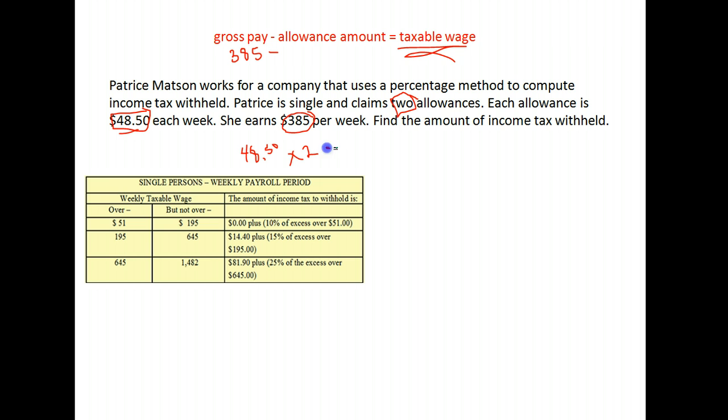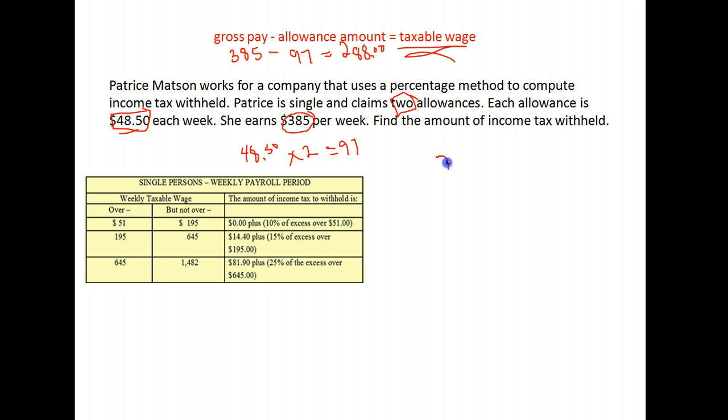We get $97. She will not have to pay taxes on that amount. So again, you take her gross pay $385 minus that $97, and we find she's taxed on $288.